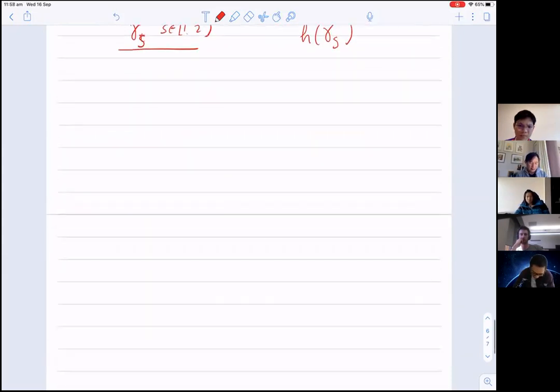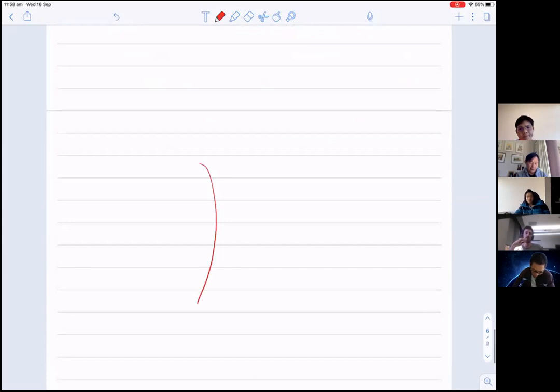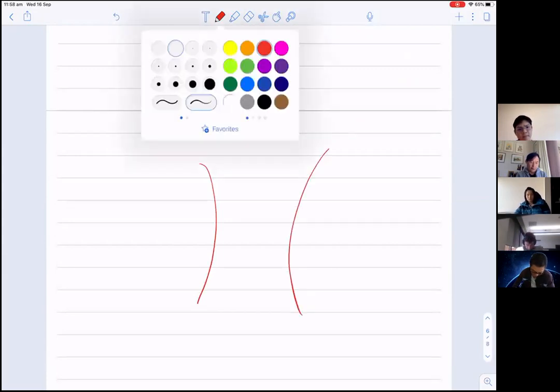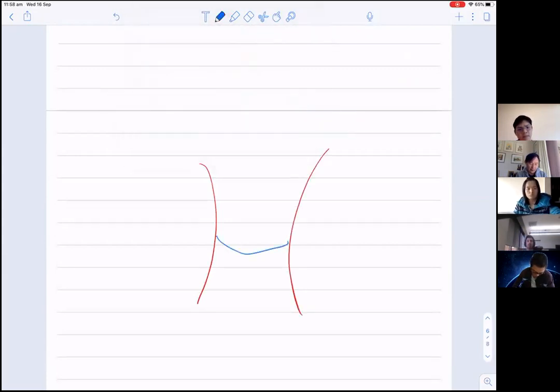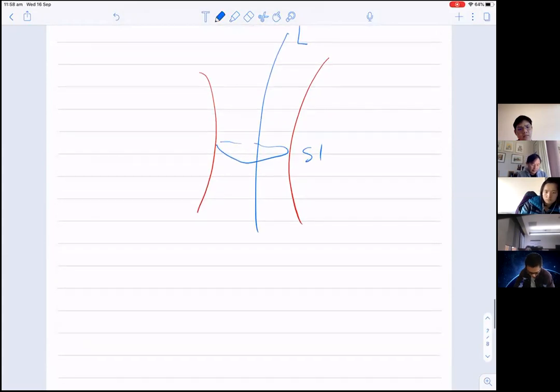Suppose here is the picture, and we have this Lagrangian sphere, here it is S1, and another Lagrangian, maybe L. We think of the Dehn twist of S1 applied to L. After Hamiltonian homotopy, this is essentially the connected sum of L with S1.